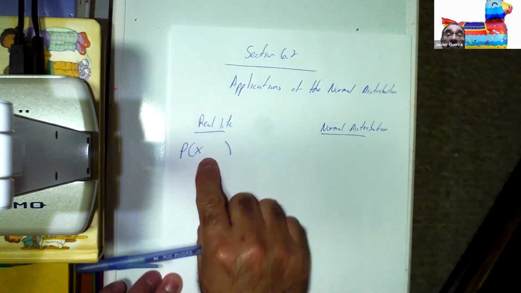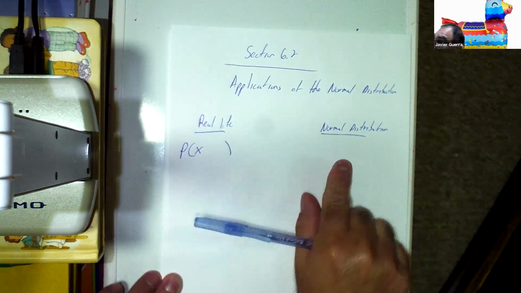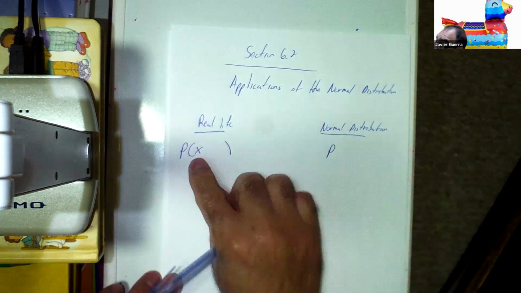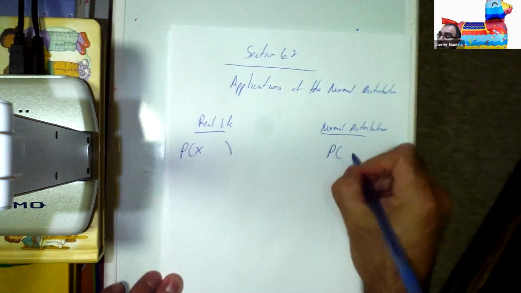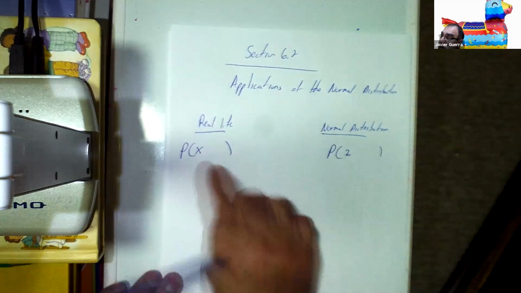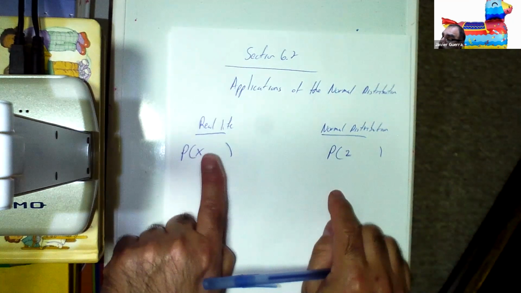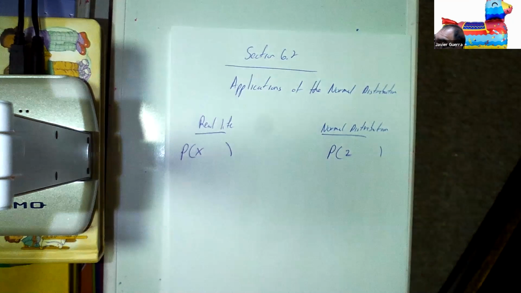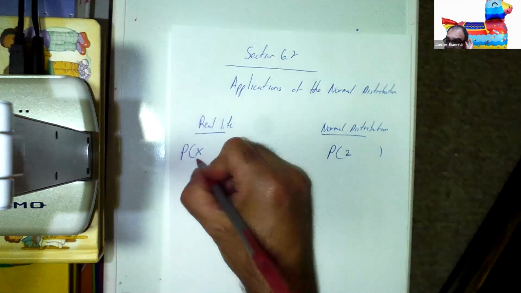You're going to convert it into a normal, and the normal converts from X to a Z. You're going to keep whatever symbol they use in real life; we're only changing the variables. X is real life, normal is Z.